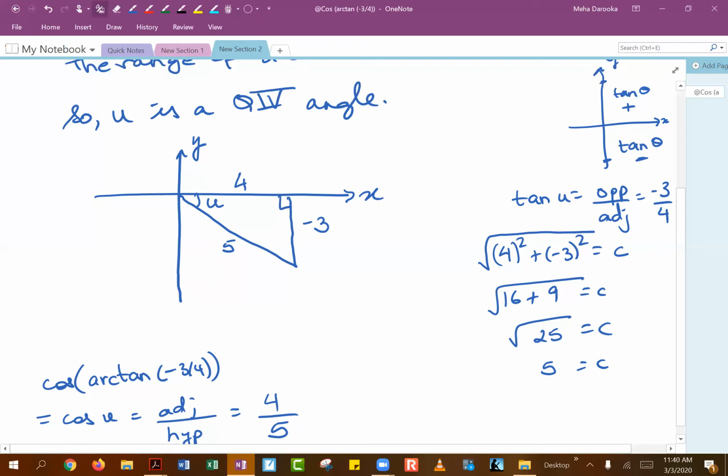Arc is basically the inverse function. So remember how in college algebra we talked about inverse functions, where addition would be the inverse function for subtraction, and square would be the inverse function for square root.